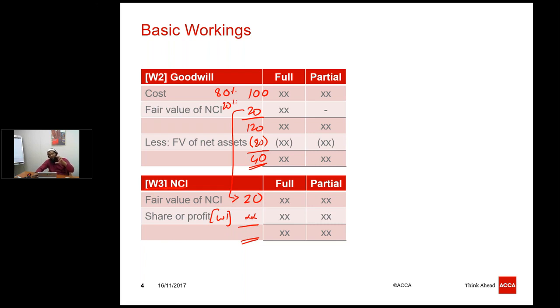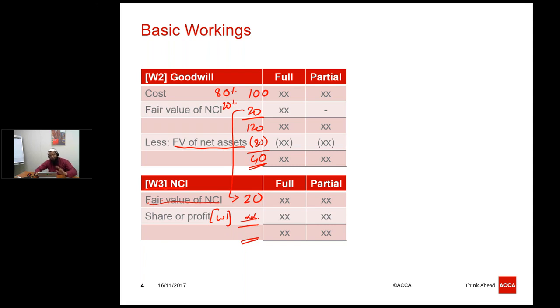So the total sum is going to be 120. And the net assets at the date of acquisition were 80. So I've deducted 80 to calculate the goodwill of 40. Is that clear, Simran? And then the fair value of NCI has been used again in working number 3 to calculate NCI, and then we have added the share of profit.